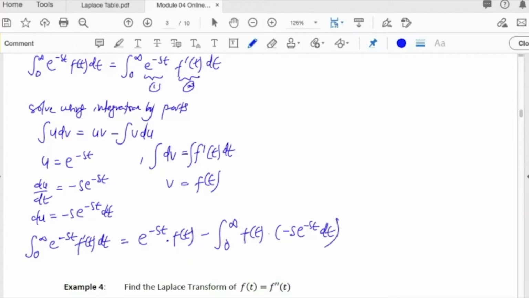When we solve this, we will be able to find our answer. But don't forget, we have a limit here, from 0 to infinity.